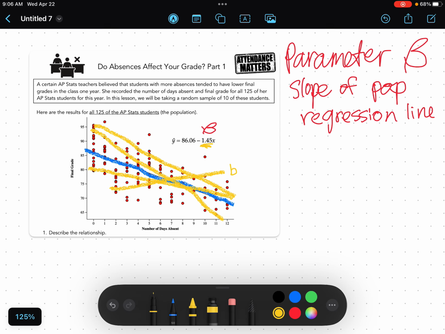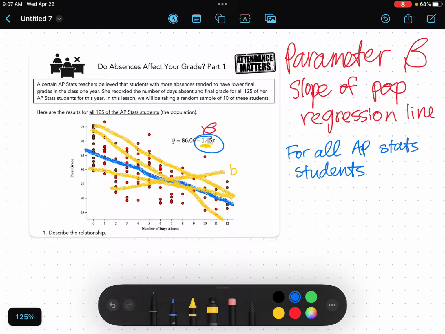So when we're talking about slope as a parameter, we're going to interpret this negative 1.45 not just as a slope, but also as a parameter. I would say something about the population, for all AP Stats students in this case. Referring to a population is really important when you're interpreting a parameter.